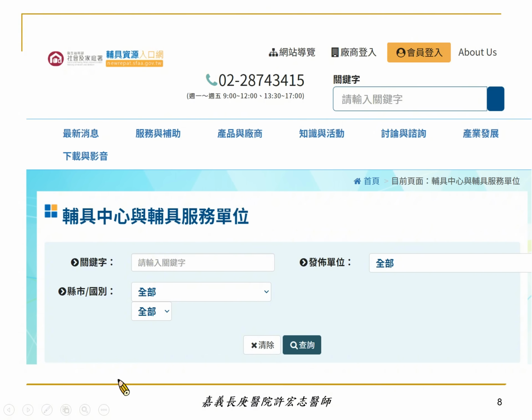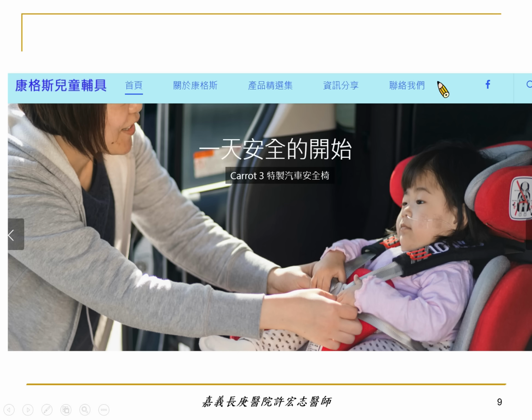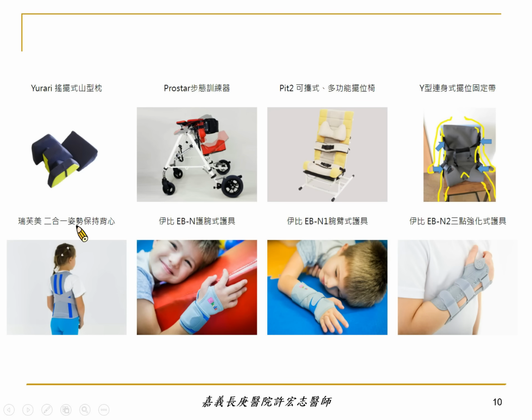And in our government, we have the official website for the resources of these instruments, which can be easily found on the internet. Okay, there are also many other companies providing the resources and processes for children and adolescents.